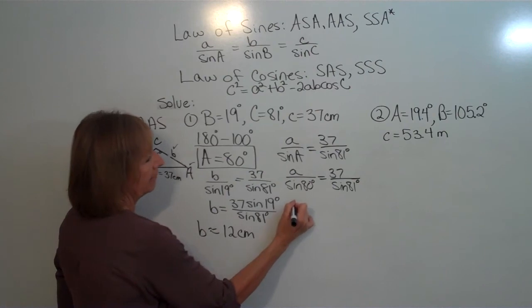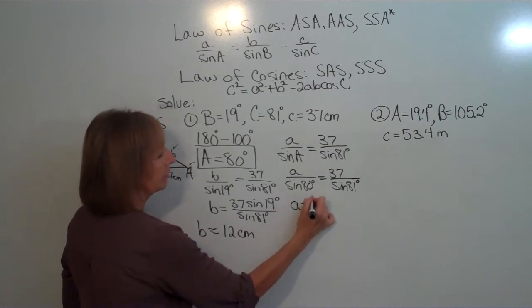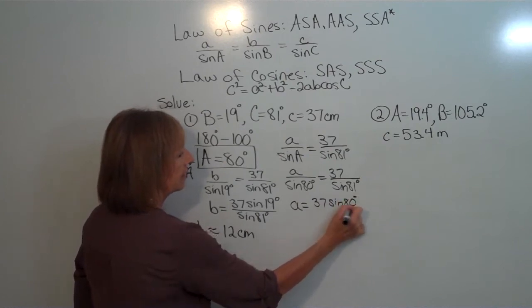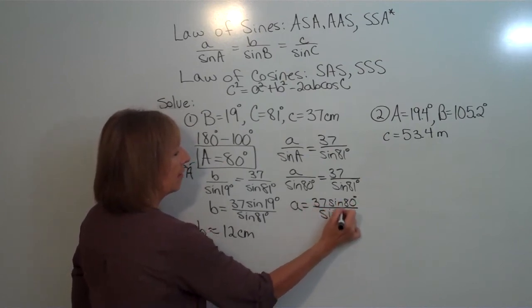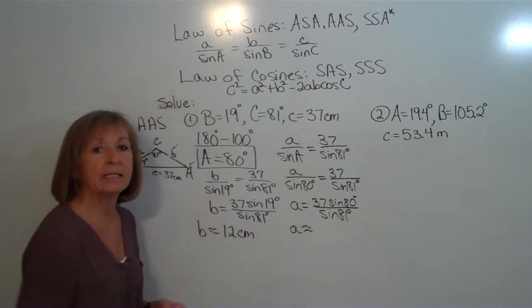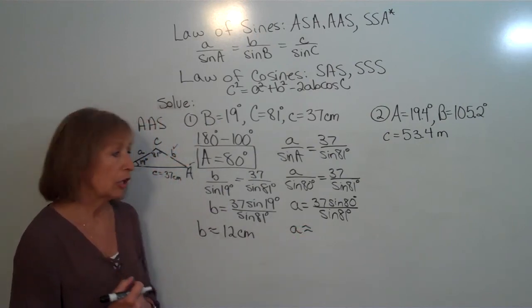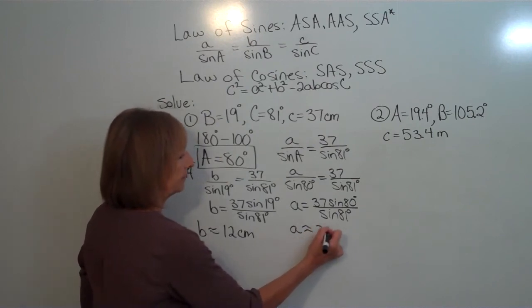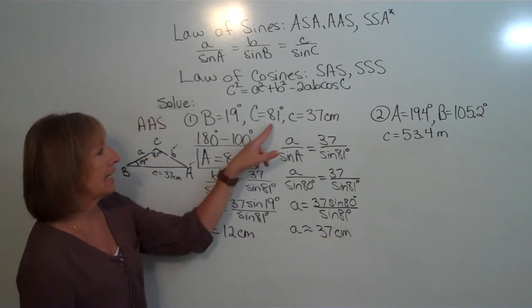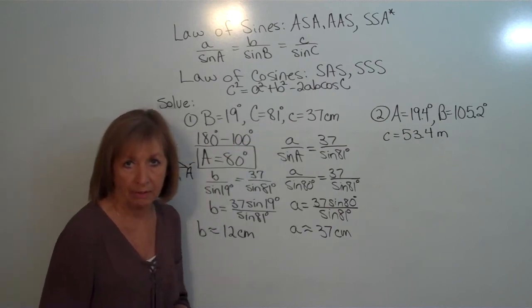Multiply both sides by the sine of 80 degrees. I get a is equal to 37 times the sine of 80 degrees divided by the sine of 81 degrees. And that gives me that a is approximately 37 centimeters. So my 80 degrees and my 81 degrees are very close to each other in measure.